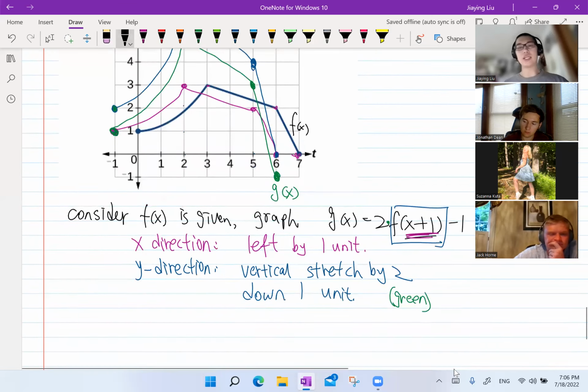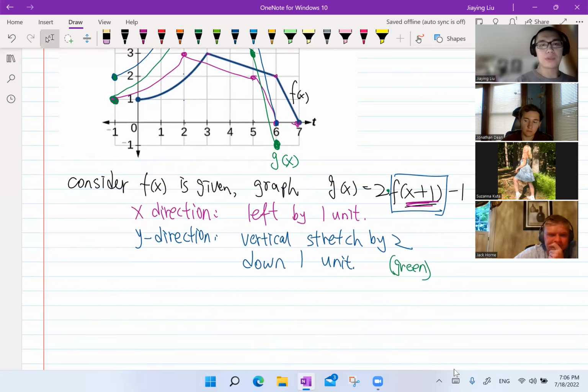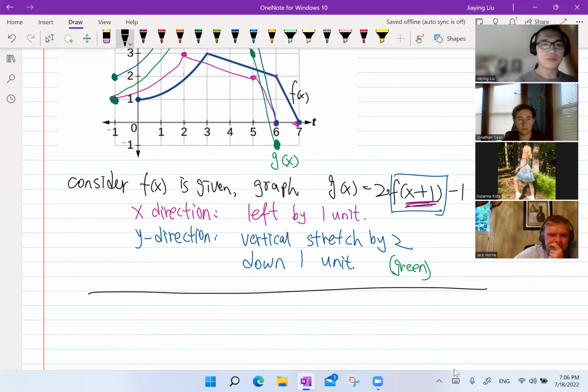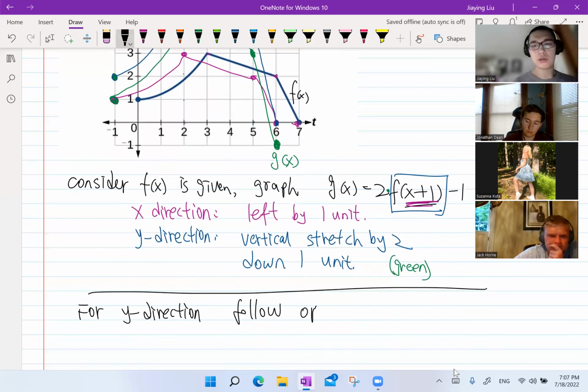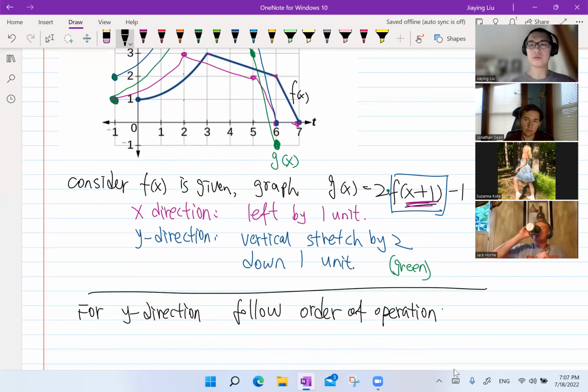But I want to expand on it a little bit. For the y direction, follow order of operation when we have multiple transformations.